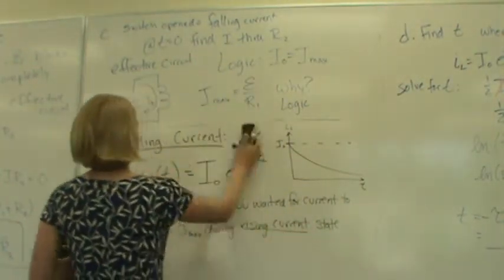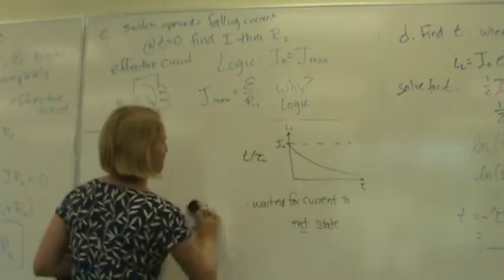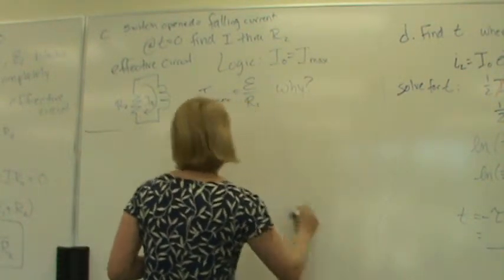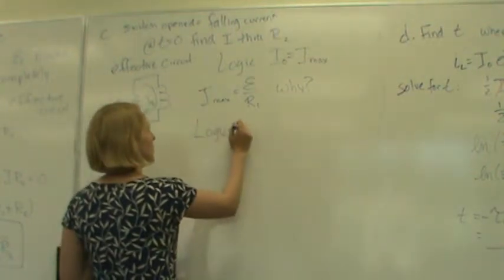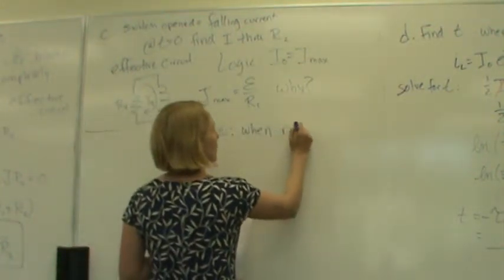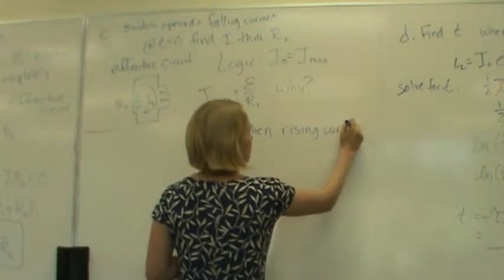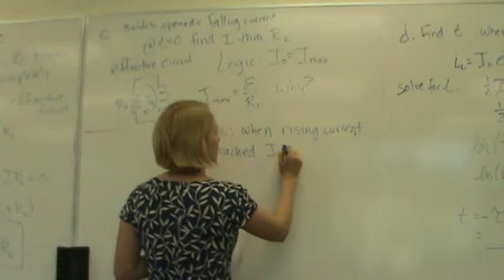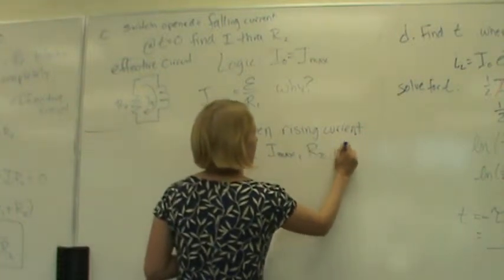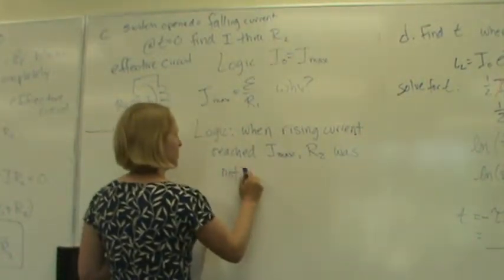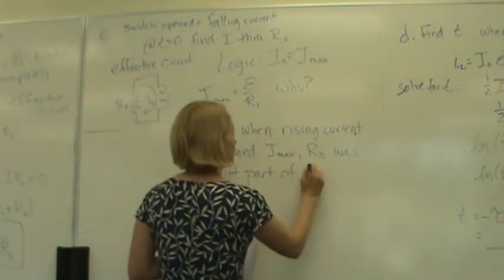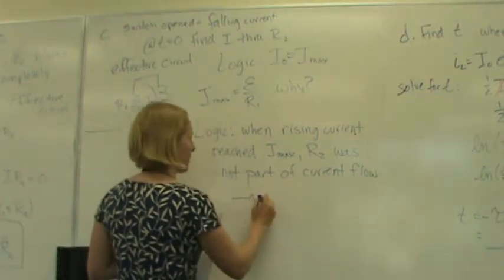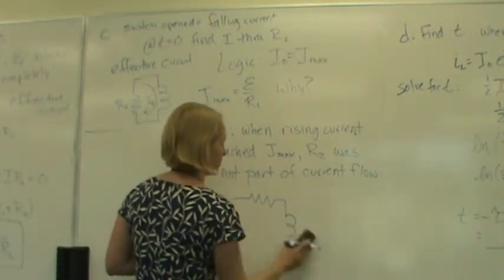I will erase all this because we won't need this. So when the rising current reached maximum value, R2 was not part of current flow. So our effective circuit in that case, actually no, it was like the short, right?